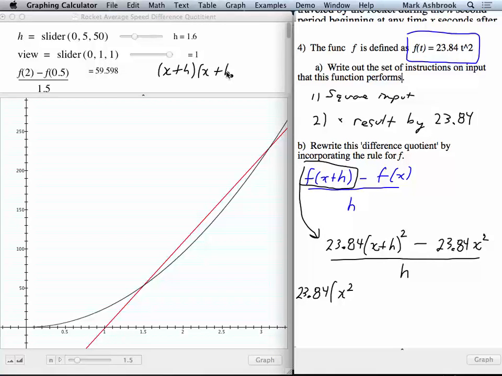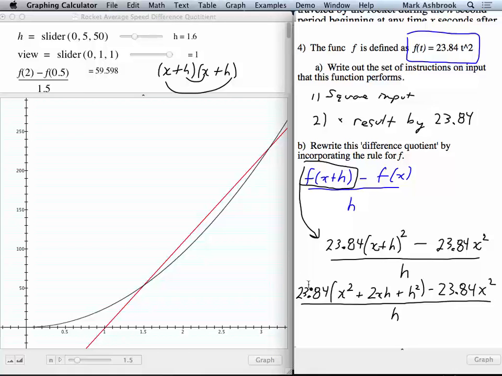There's a middle term, right? There's an xh there, an xh there. So plus 2xh, plus h squared. All over h. Okay, I'm going to bring it up here now.